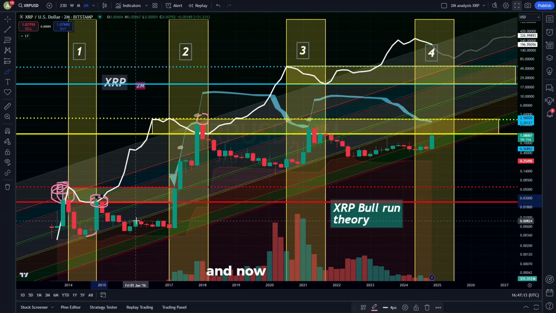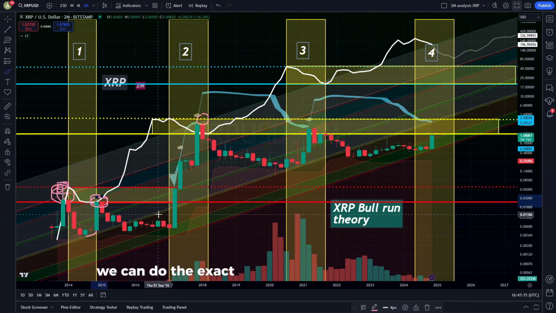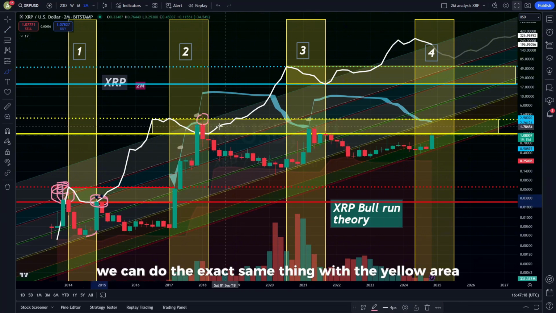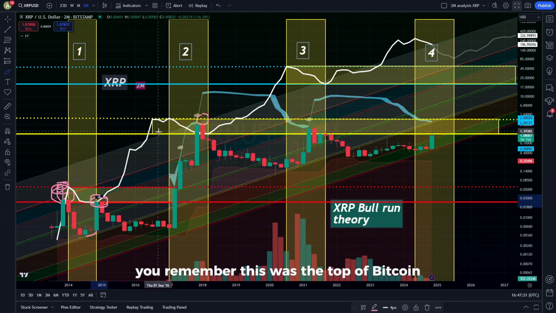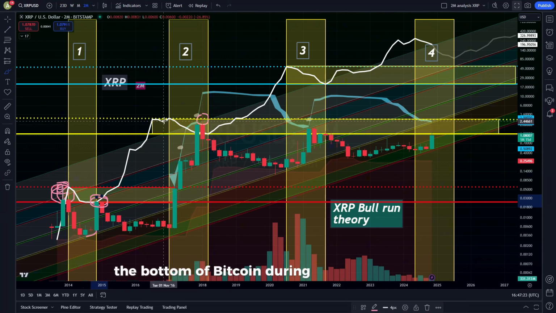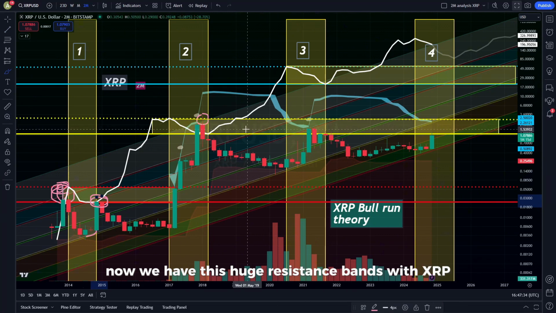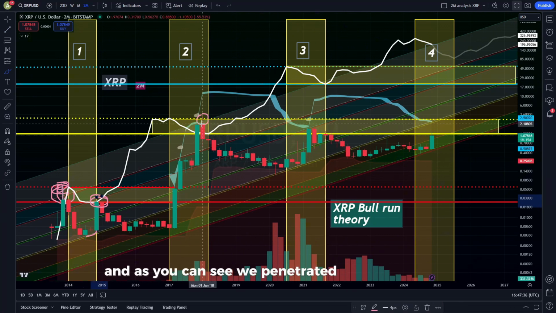And now you can see we can do the exact same thing with the yellow area. You remember this was the top of Bitcoin, the bottom of Bitcoin during this phase of Bitcoin, right? And we draw this area with it. Now we have this huge resistance band with XRP, and as you can see, we penetrated the yellow band.